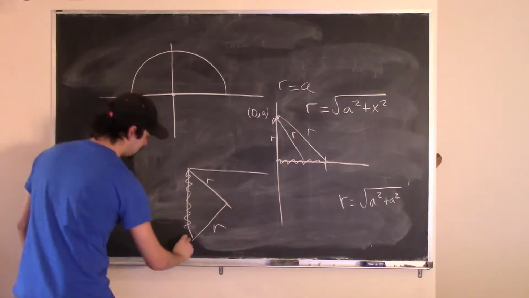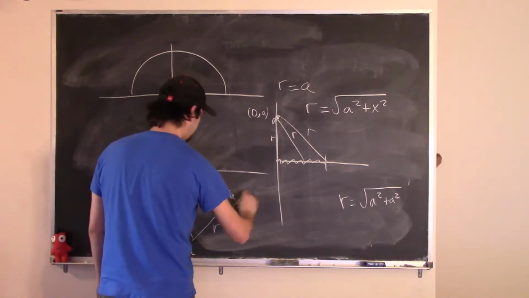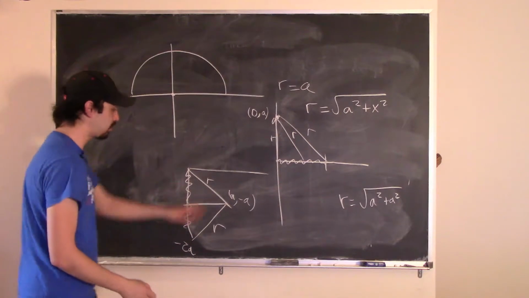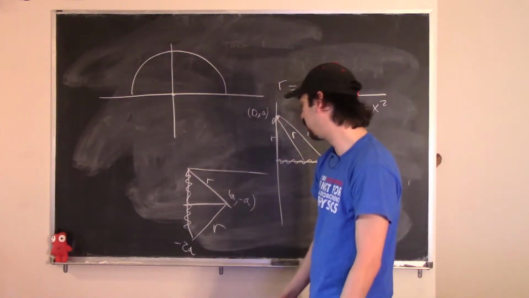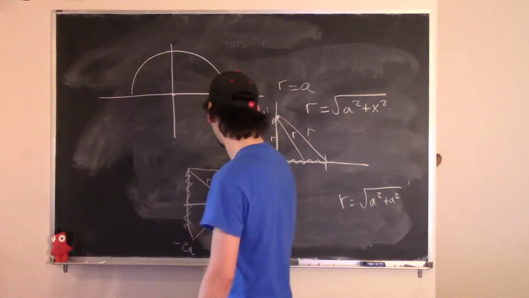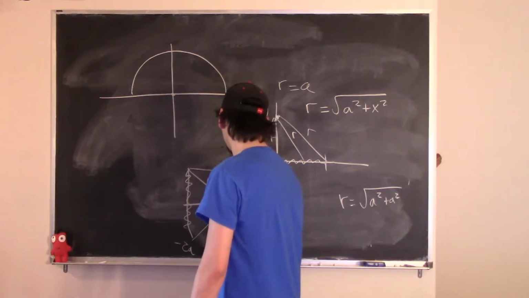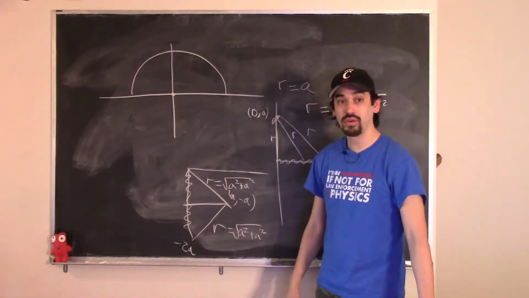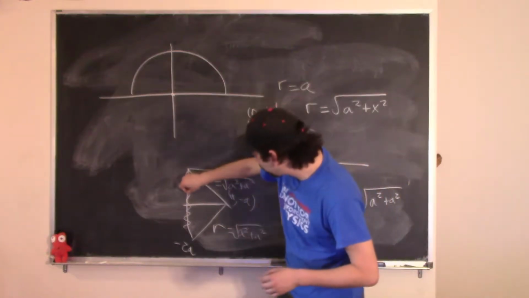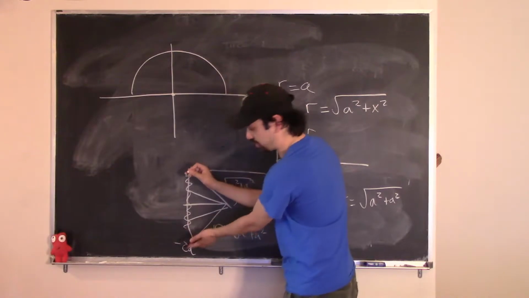So if this is minus 2a and this is a, minus a, two of the values for r actually are the square root of a squared plus a squared, right? Because I can look at this and I can say this is the square root of a squared plus a squared, and this is equal to the square root of a squared plus a squared, right? So those are values that r can have, but you have to take into consideration that there's a whole lot more r's than just the two that are at the endpoints.